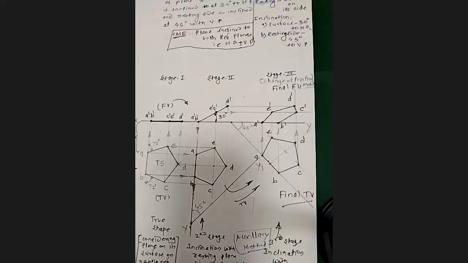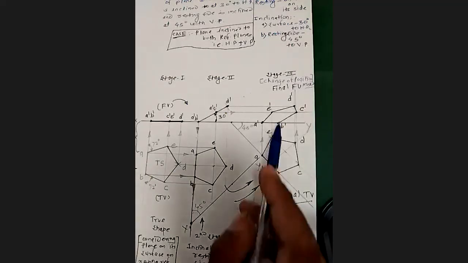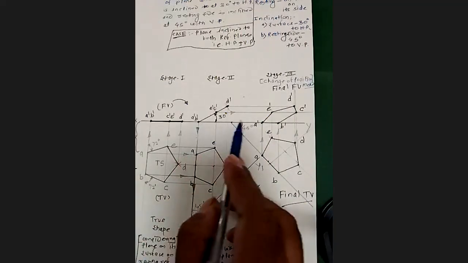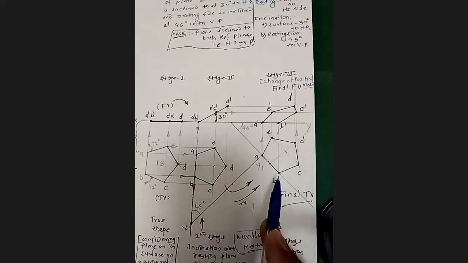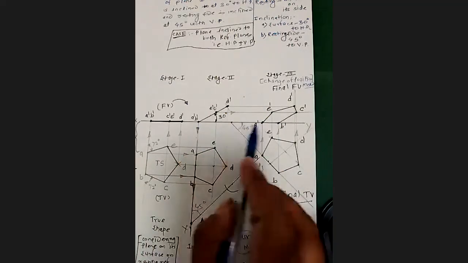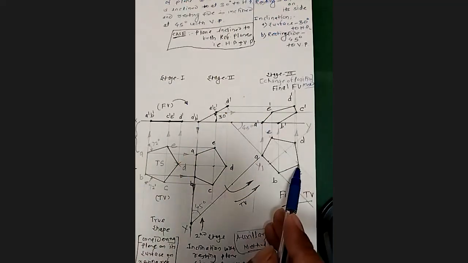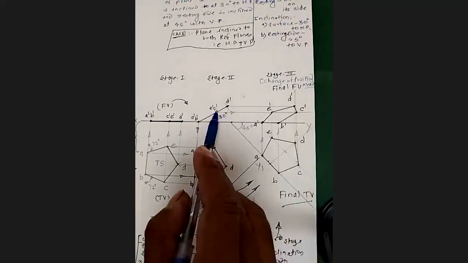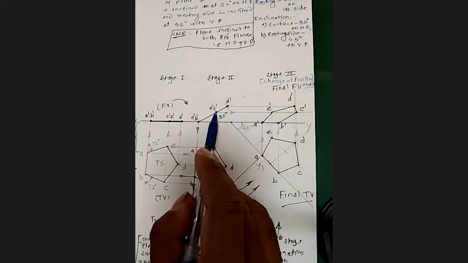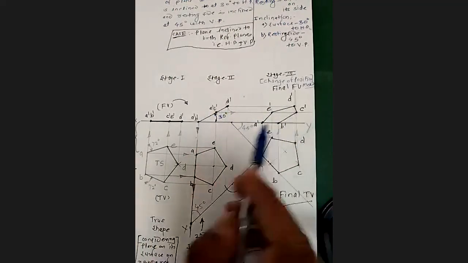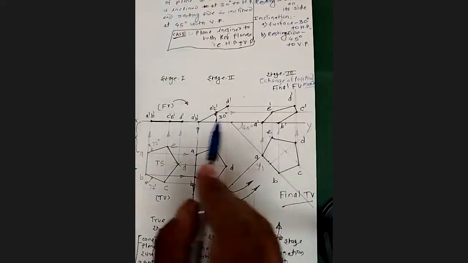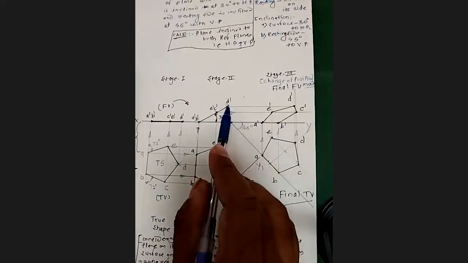Before that, I will explain how you got this front view in the change of position method. Taking the projection from A, from the second stage front view, then B, then C, you will understand point C. Then the horizontal projection from point C from the second stage top view means this much distance from the XY line. Actually we are taking the distances from the XY line for each point.